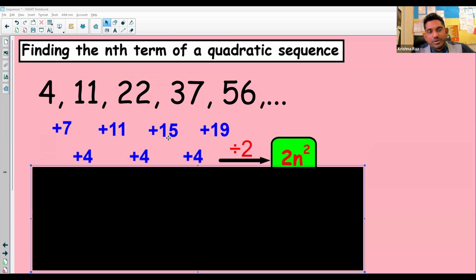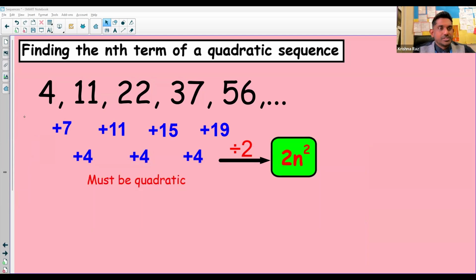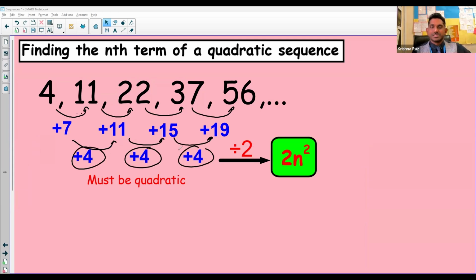But if we look at the second difference, it is. Originally, to do the first difference, we've just seen the difference between each term. Then the second difference, we do that and we see it's the same. So because the second difference is the same, it must be quadratic.